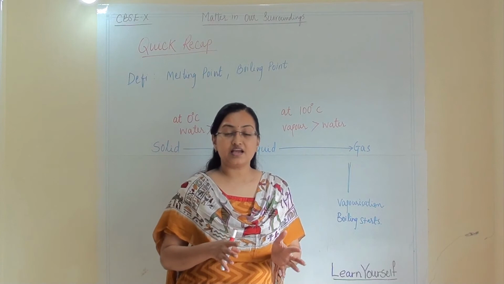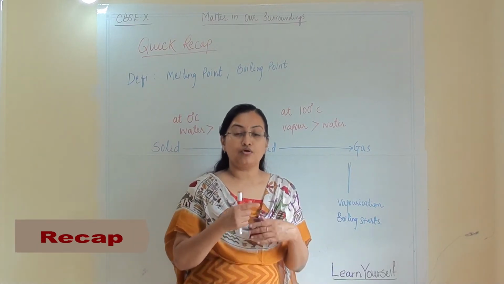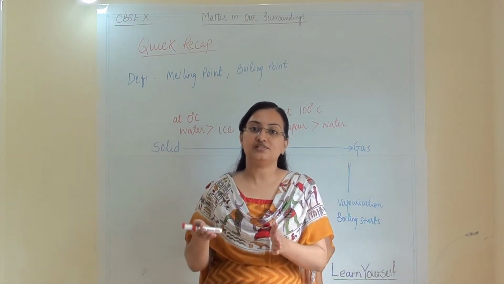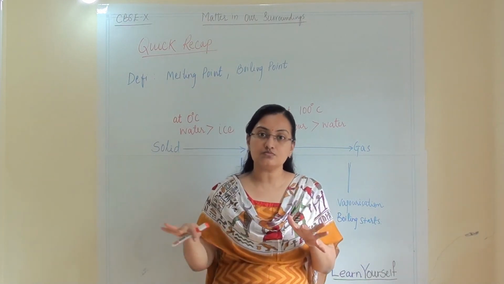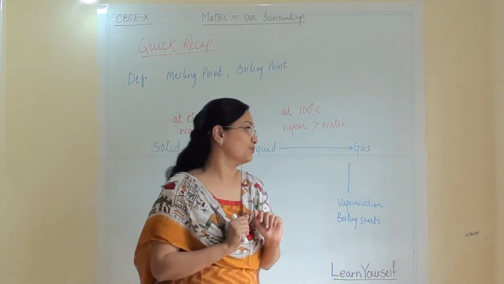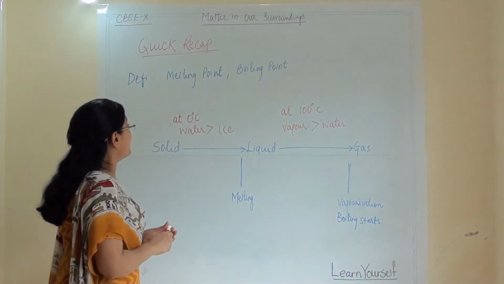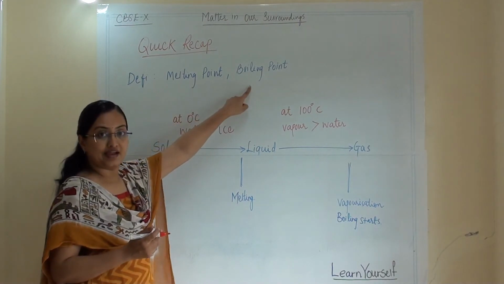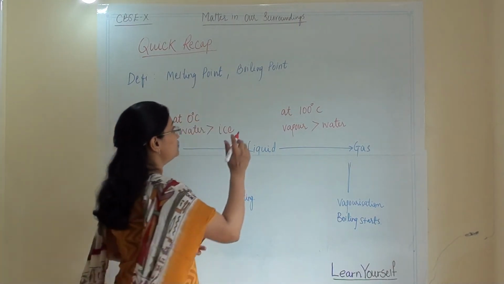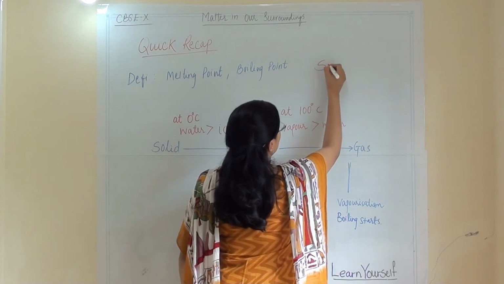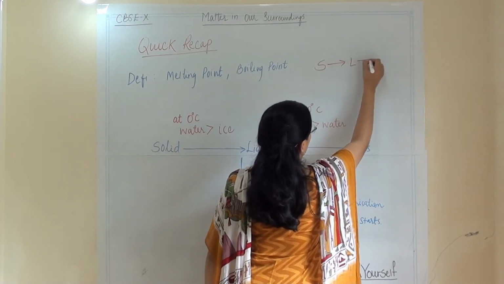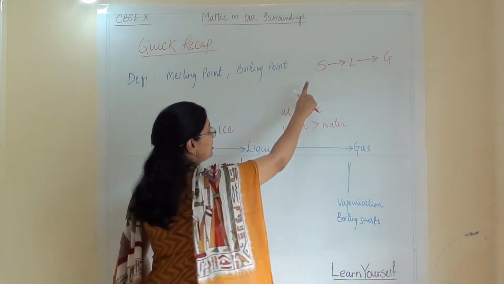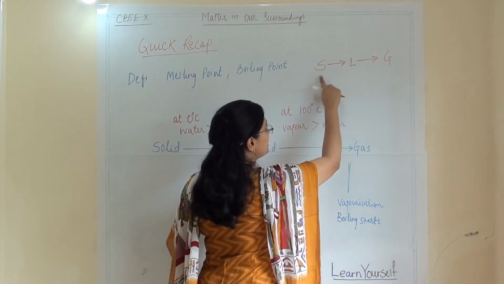Now let us take one quick recap of how the state changes as we change the temperature, and what terms we have learned till now. So we have seen the definitions of melting point and boiling point. When solid converts into liquid, it is melting.